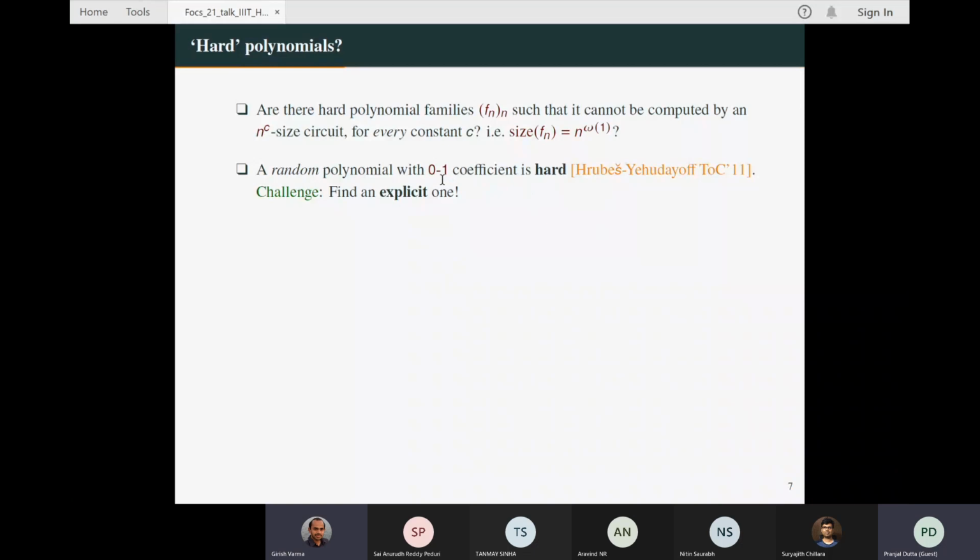When working over F2, the circuit is allowed to use only 0 or 1. Over, let's say, rationals, the circuit may use some random field constants, but ultimately the polynomial that you are computing has just 0-1 coefficients. Is the difference clear?